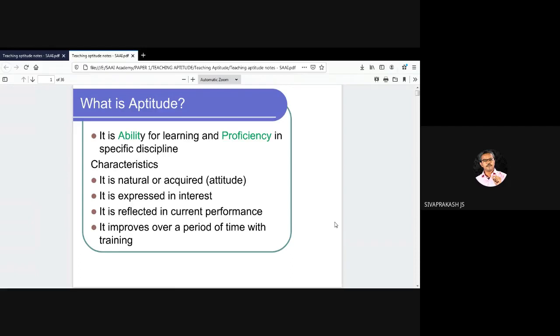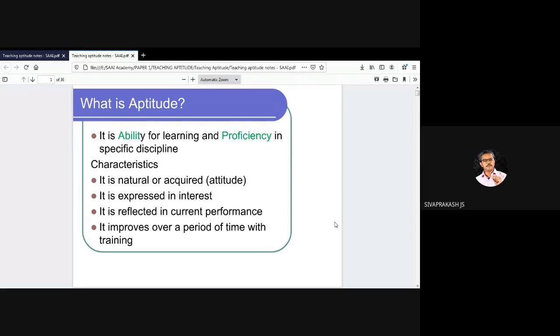The aptitude is always expressed based on interest. Even when students come for doing a research or project, first I will ask them, what is your interest area? Is that sports? Is that dance? Is that other curricular activities? Is that music? Where does your interest fall in general?